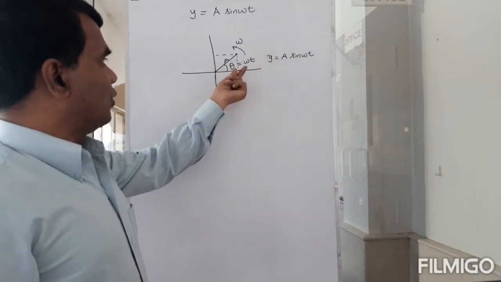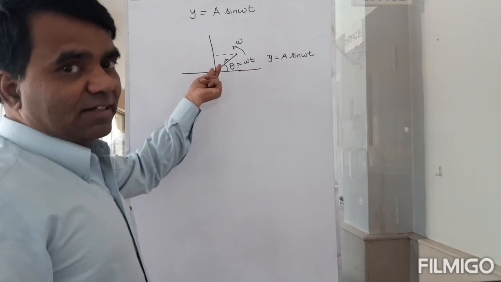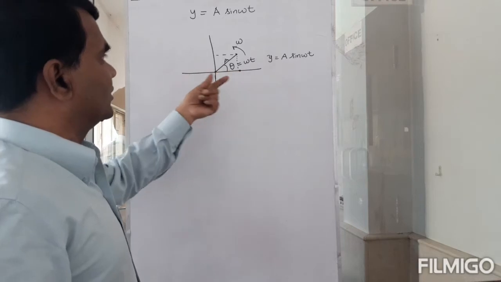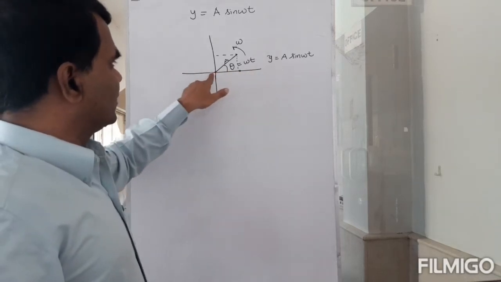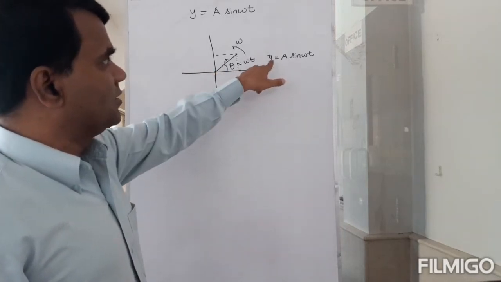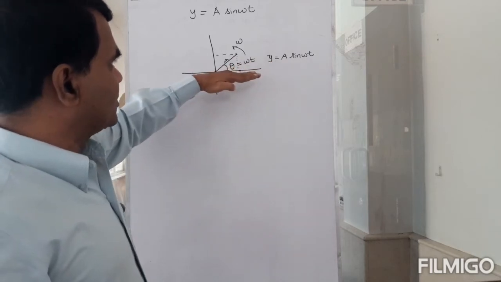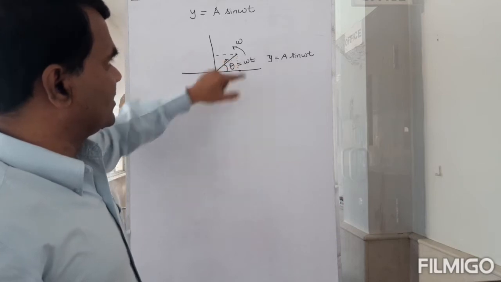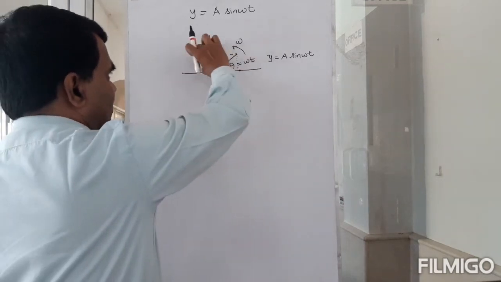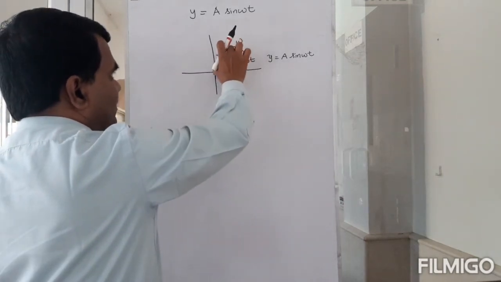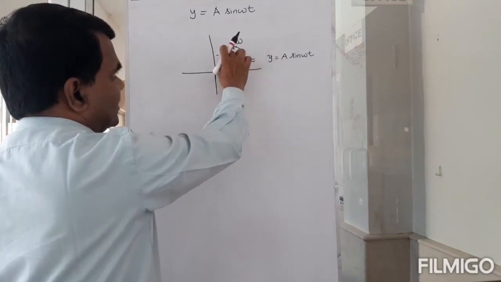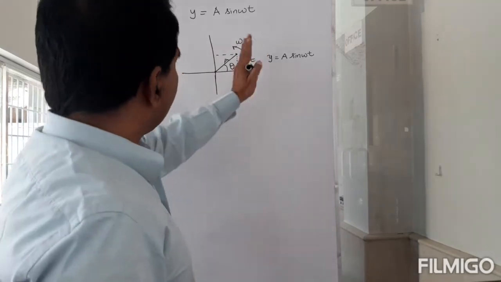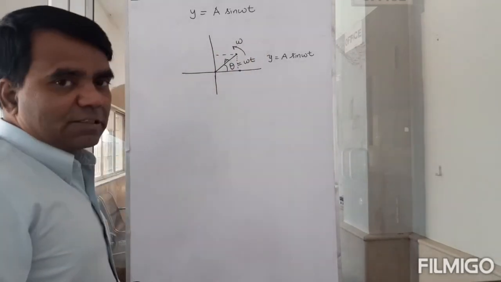The shadow of that on the y-axis, that is what we mean by the projection of this on the y-axis. So at time 0, there is no shadow, it's 0. But at time t, you would have covered an angle theta, omega t. So the projection of that, this length, is equal to a sine theta, which is a sine omega t. That's the length of the shadow on the y-axis.